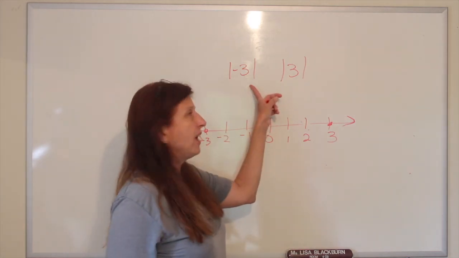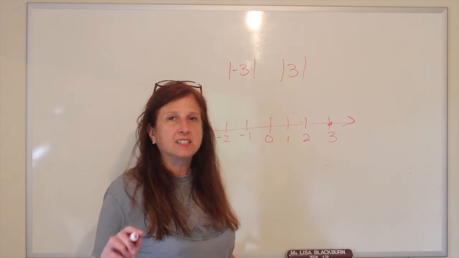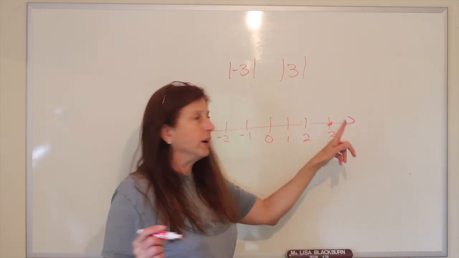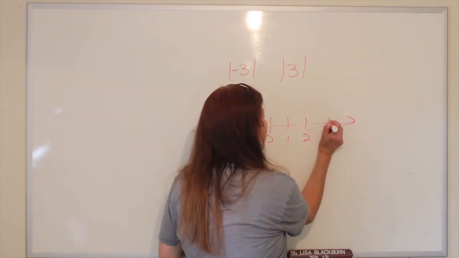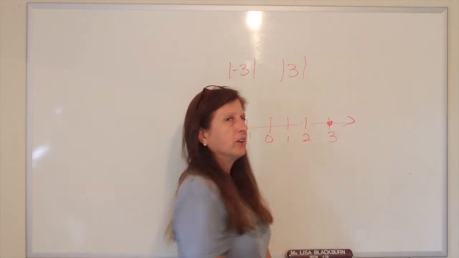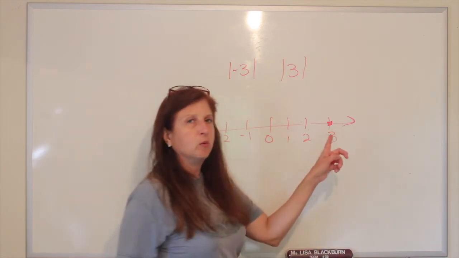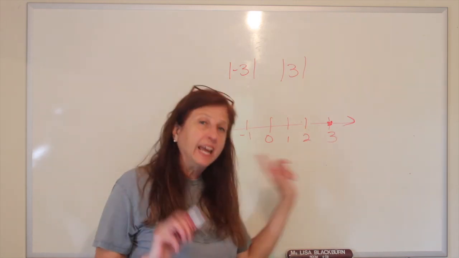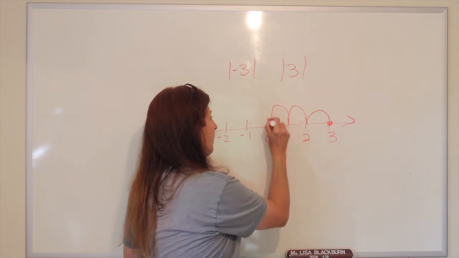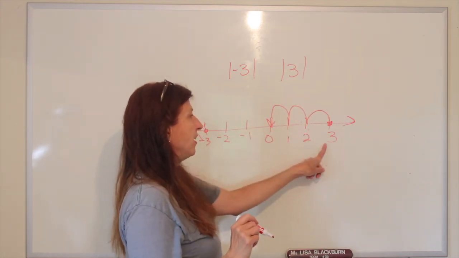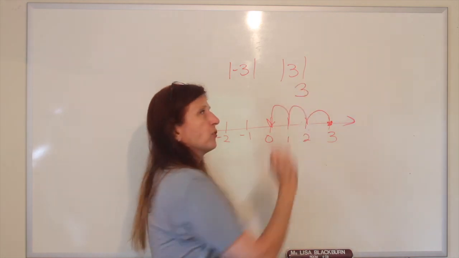The absolute value is the distance from that point to the origin, or 0. Now, I like to think it's a frog. You know, it's just more fun. You've got to have fun where you can in math. It's a frog, and it's how many hops he takes to get to the origin. 1, 2, 3. So the absolute value of 3 is 3.